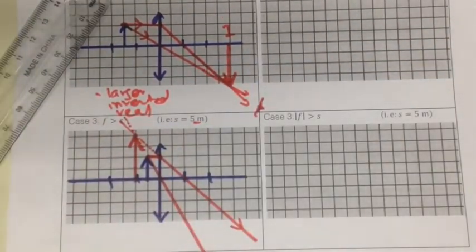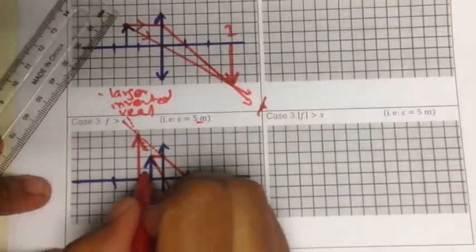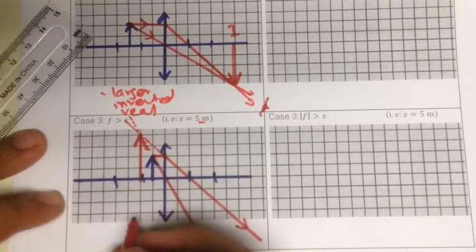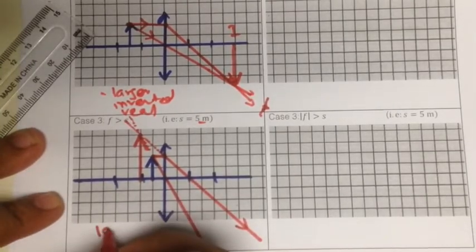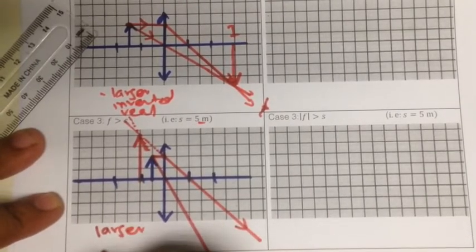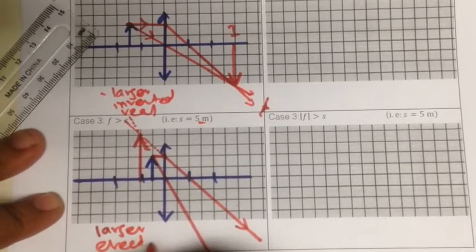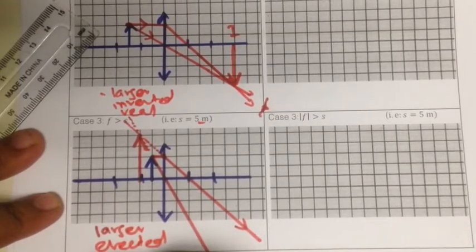The image seems to be formed on the same side as the object. So we have a larger image, erect, and also virtual.